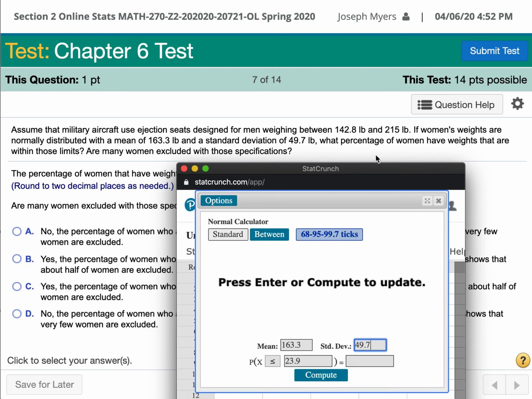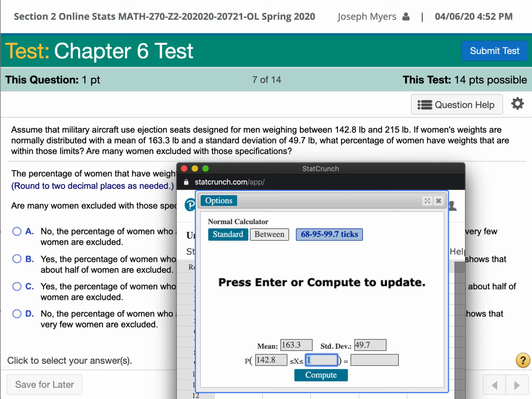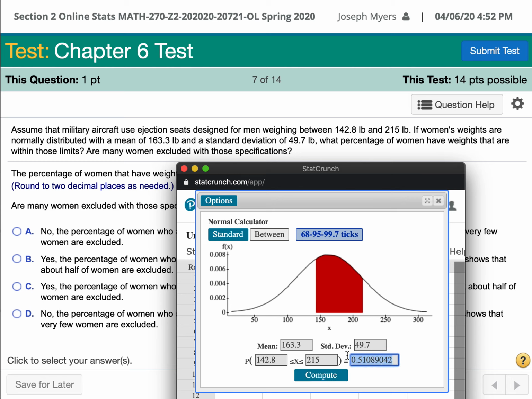Now let's click between. So the mean is 163.3, the standard deviation is 49.7. Now we want to find the probability that the women, with that distribution of weights, can fit into an ejection seat that is between 142.8 and 215. So this is the probability that someone can fit between those two numbers, and that's equal to that.